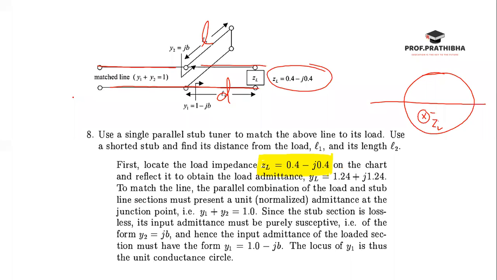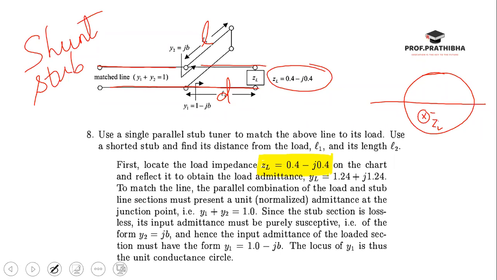Remember, I am doing a shunt stub here, and this is short circuit, so I am doing a short circuit shunt stub. Whenever I do a shunt stub, I always follow the admittance values.